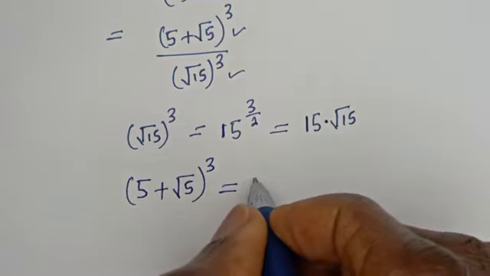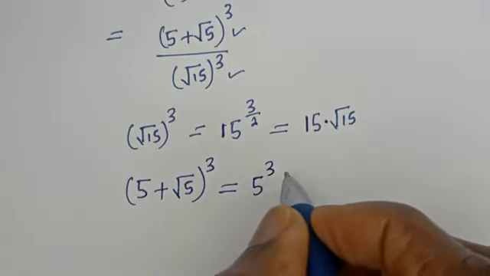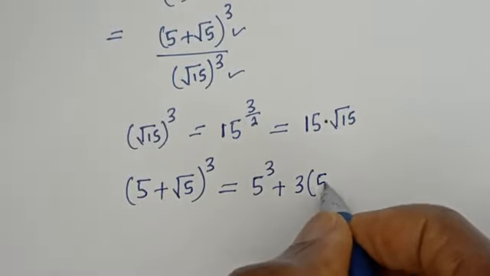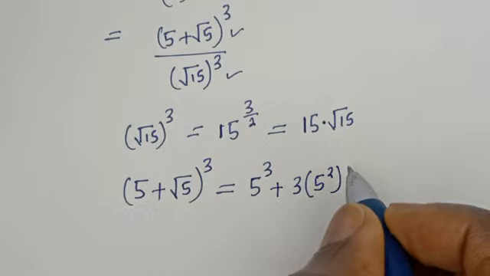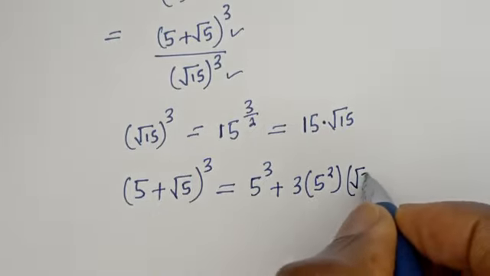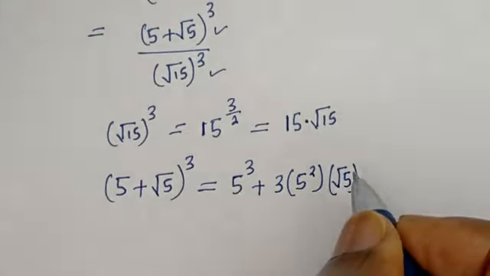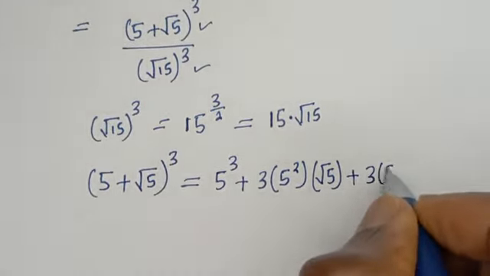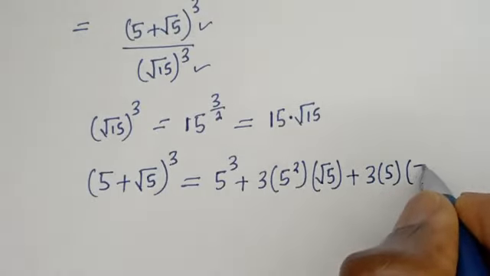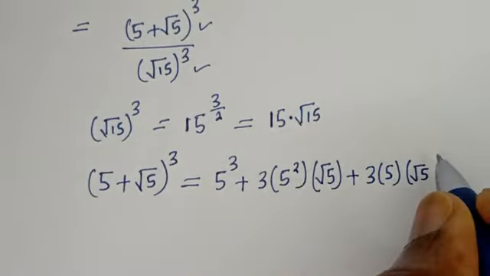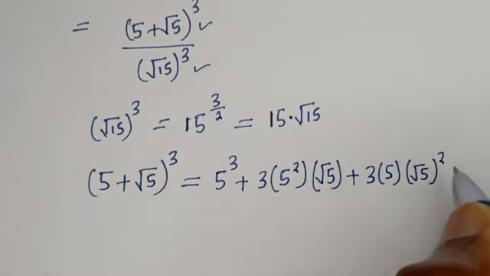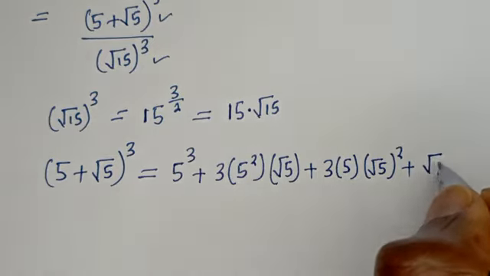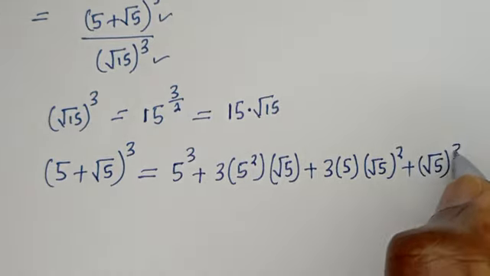We have 5 to the power of 3, plus 3 bracket 5 square, bracket square root of 5, plus 3 bracket 5, bracket square root of 5 square, plus square root of 5, all to the power of 3.